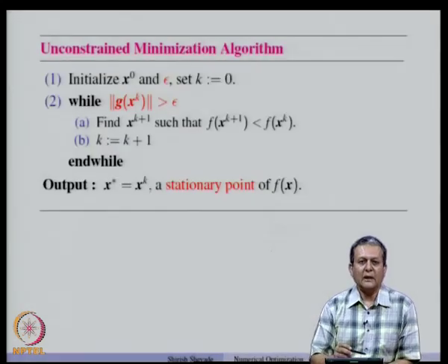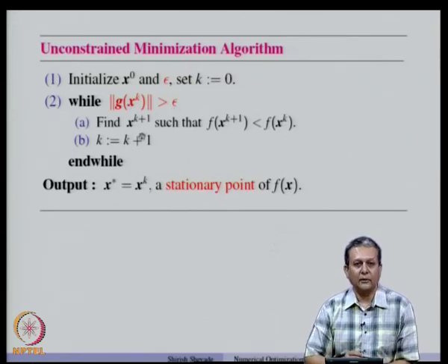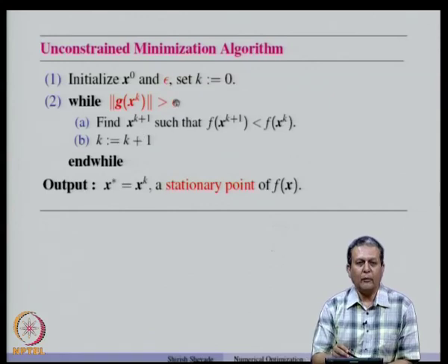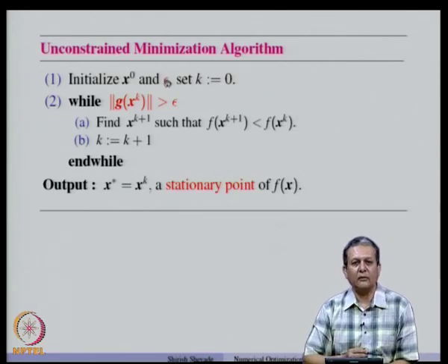So, while the norm of the gradient of the function at xk is greater than epsilon, the algorithm gets executed. Epsilon is a new parameter that we have introduced, typically a user defined parameter. So, we have to initialize the value of epsilon, and then finally we will end up in a situation where norm of g of xk is less than or equal to epsilon.